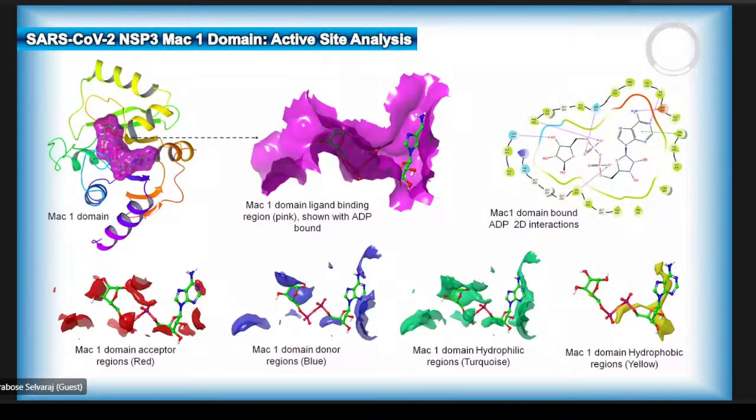You can see in the first picture the MAC1 domain, with a pink color rotator showing how the L-shaped binding pocket is located. When we pull out the L-shaped binding pocket, we can see the ligand placing there. We can classify it into acceptor regions, donor regions, and hydrophilic and hydrophobic regions. So we have to find a drug which exactly matches these regions.